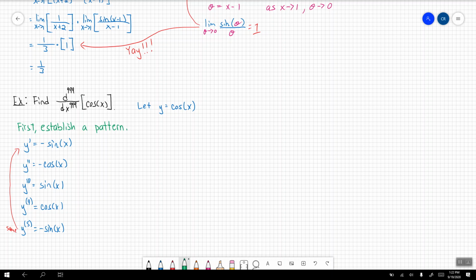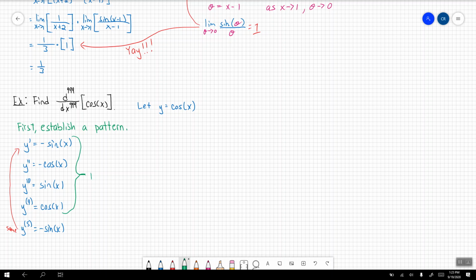So this is a pattern that we want to identify. This pattern is going to allow us to generate all of the different derivatives, because all of the derivatives past the fourth derivative are just going to cycle through one of those beginning options.